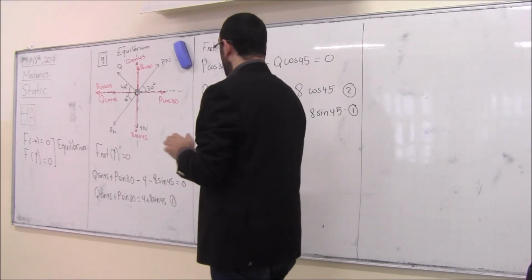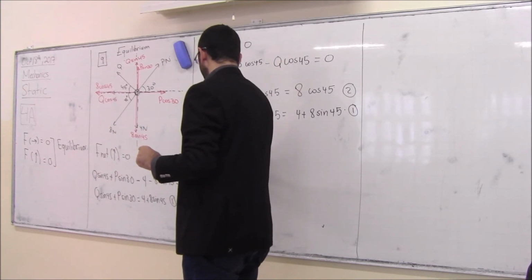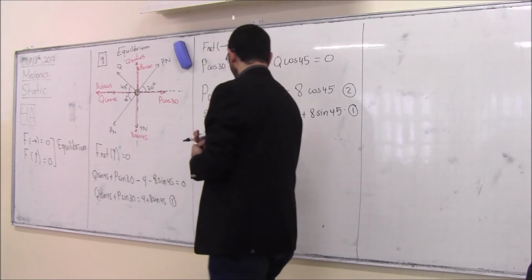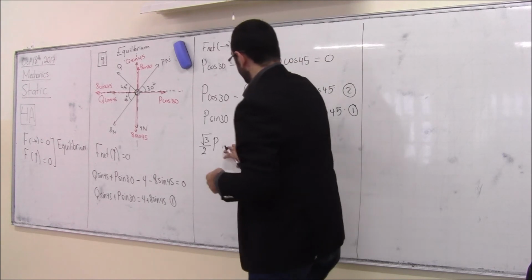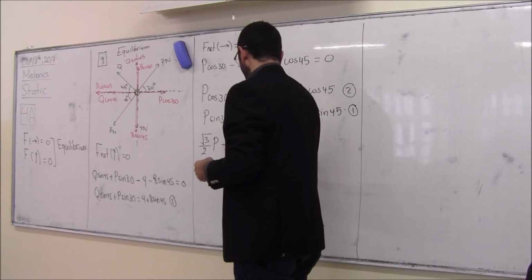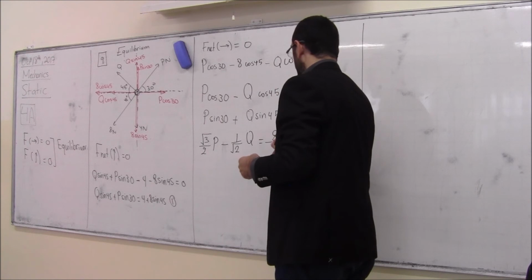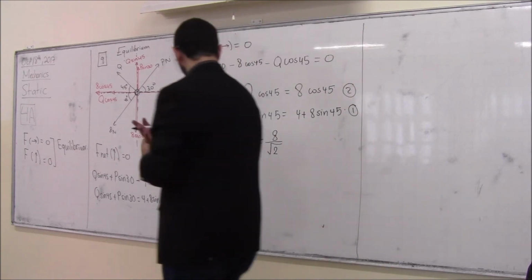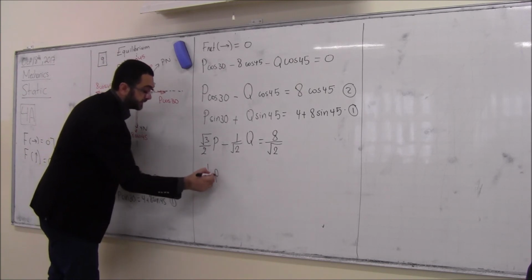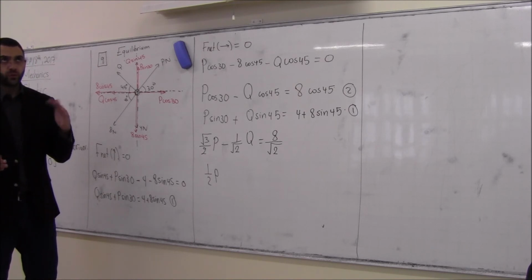If you find the cosine 30 by using the calculator, it will be square root of 3 over 2 P minus cosine 45, 1 over square root of 2 Q, equals 8 square root of 2. Similar here, half P, cosine 45, root of 2 over 2, same thing.